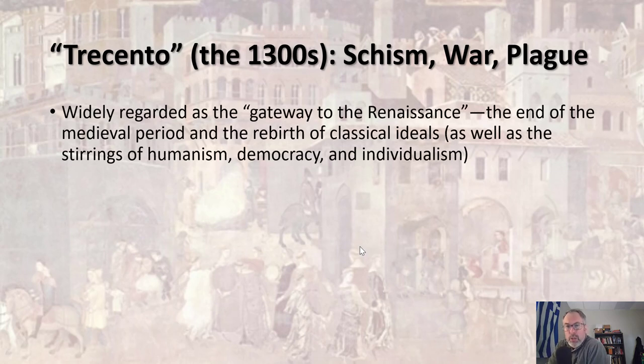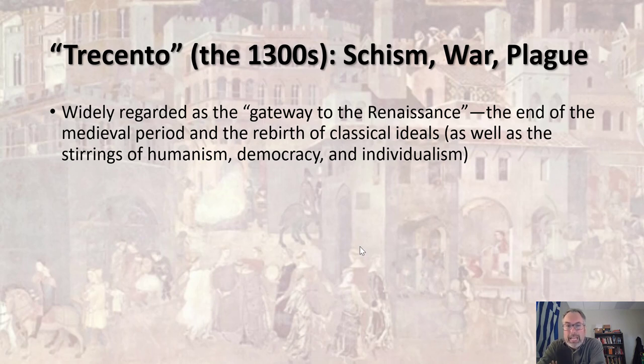So one of the really interesting questions that we'll tackle or ponder here is that the 1300s, the Trecento, is often called the so-called gateway to the Renaissance, this flowering of culture and art and beauty and architecture and knowledge and writing and literature that dominates Europe, especially Italy, in the 1400s and the 1500s, the next two centuries.